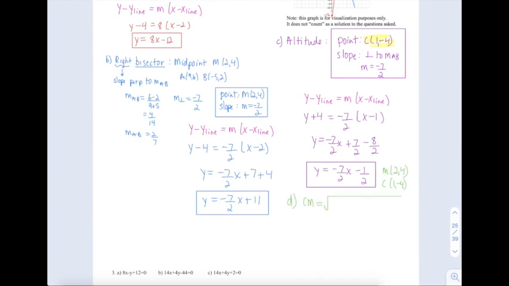I have the answers to the questions here in standard form, actually. 2 minus 1 squared plus 4 plus 4 squared. That's 1 plus 64. That's root 65, which cannot be reduced.